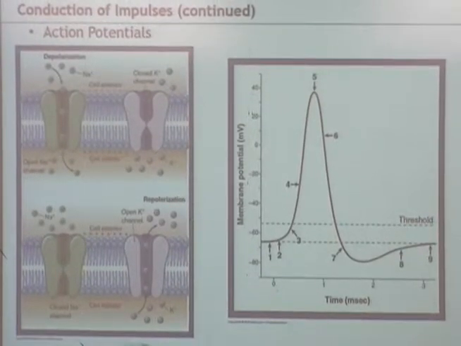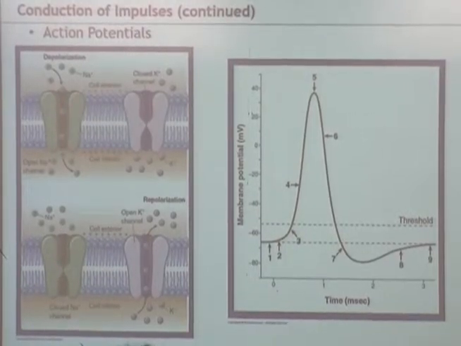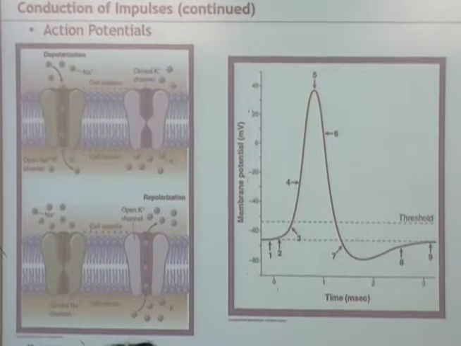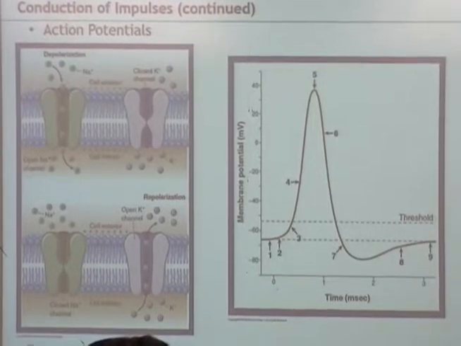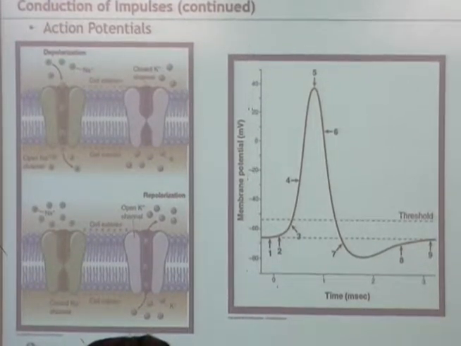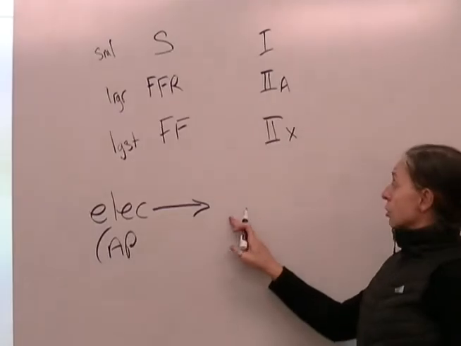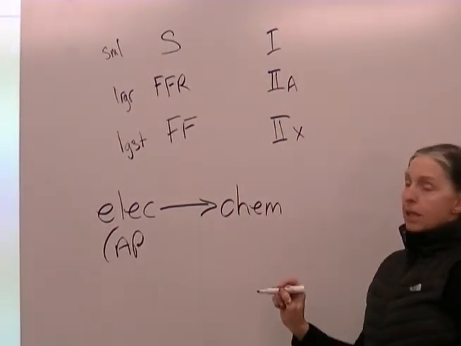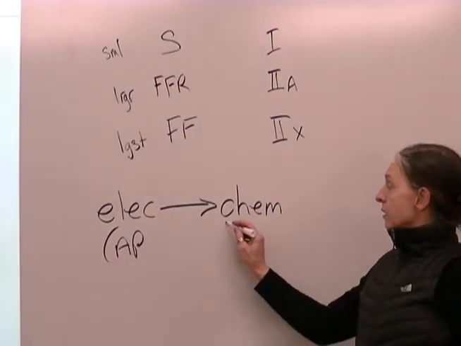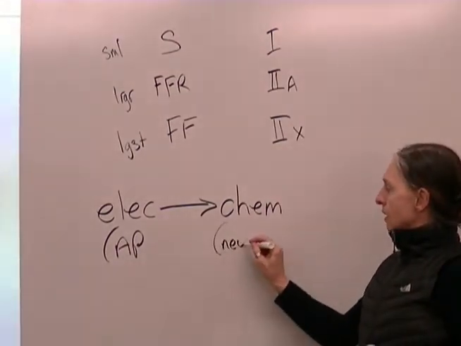Right? So remember that we've got an electrical signal down the motor neuron. Right, that's our action potential. When we get to either the synapse to another nerve, or in the motor system, the synapse with the muscle, so the neuromuscular junction, we have to turn that into a chemical message, and that's our neurotransmitter, our ACH.